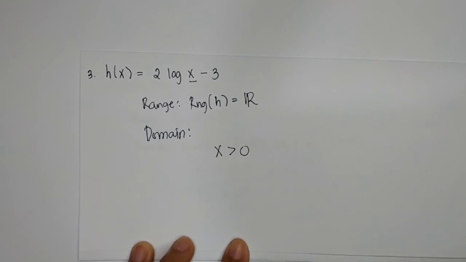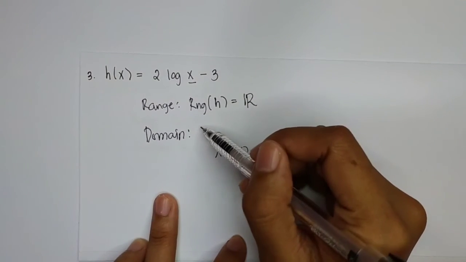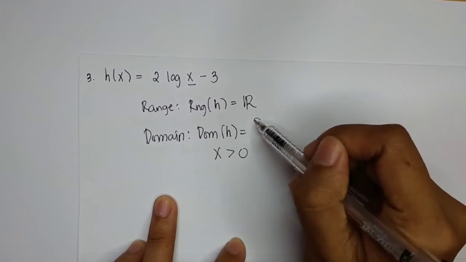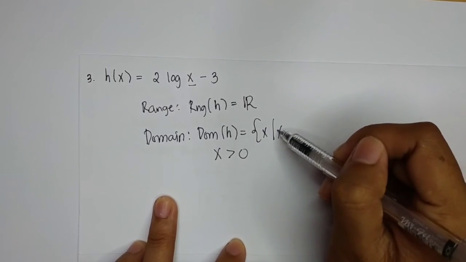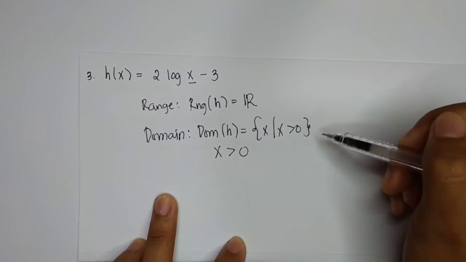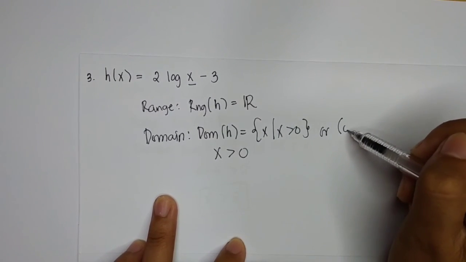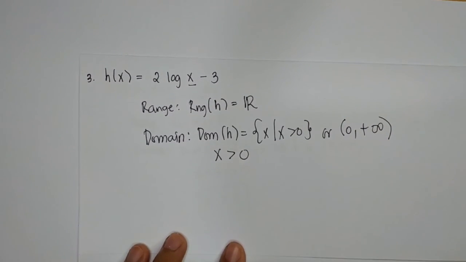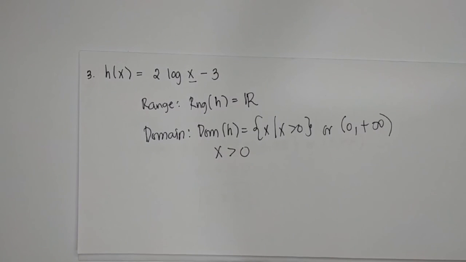So, hindi na natin kailangan i-solve. That will be the domain of h, the set of all x such that x is greater than 0, or that can be 0 to positive infinity. So, that's our domain and range of our logarithmic function.